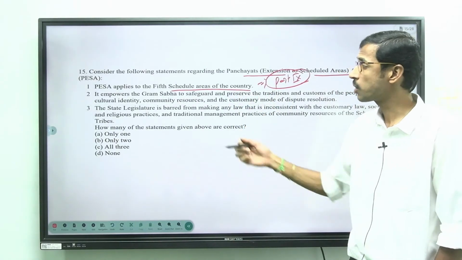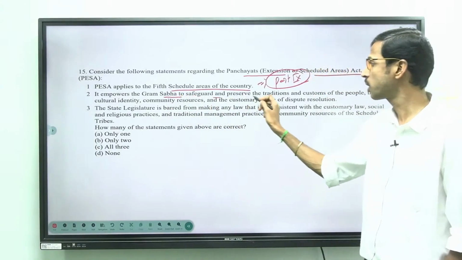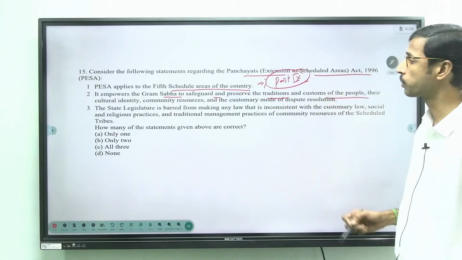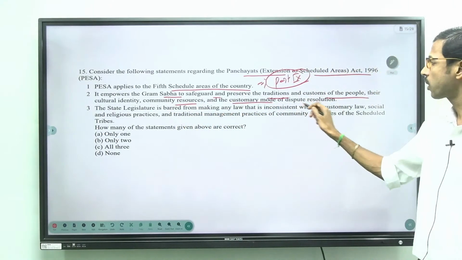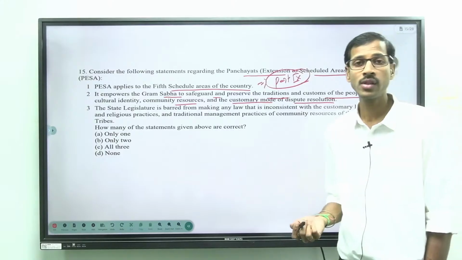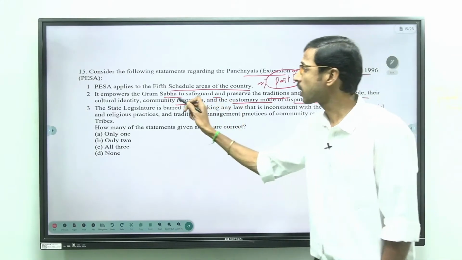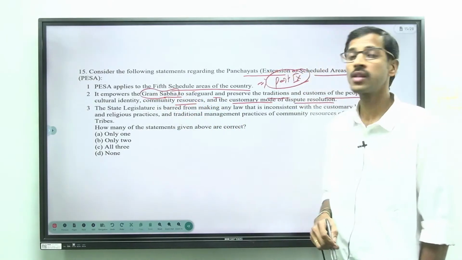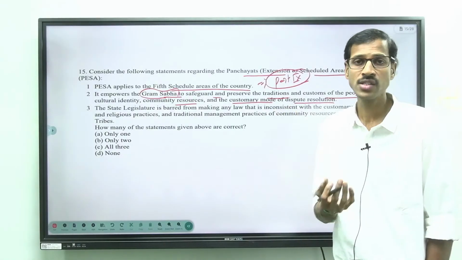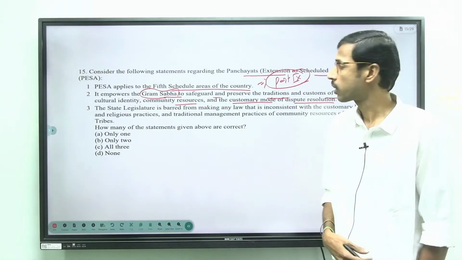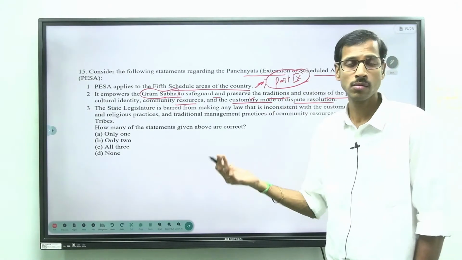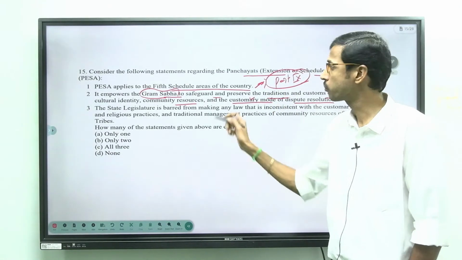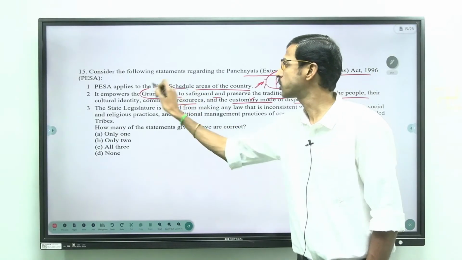It also empowers the Gram Sabha to safeguard and preserve the traditions and customs of the people, their cultural identity, community resources, and the customary mode of dispute resolution. The Gram Sabha is empowered to safeguard and preserve the rights of our tribal people. That is the main important thing.